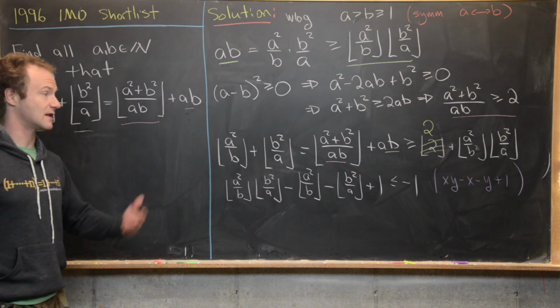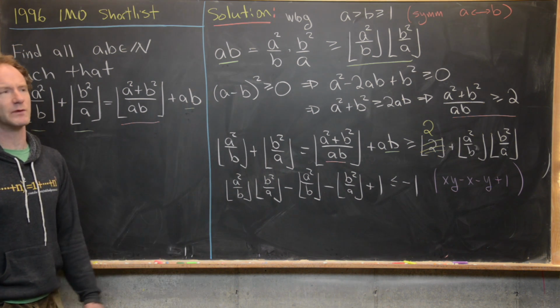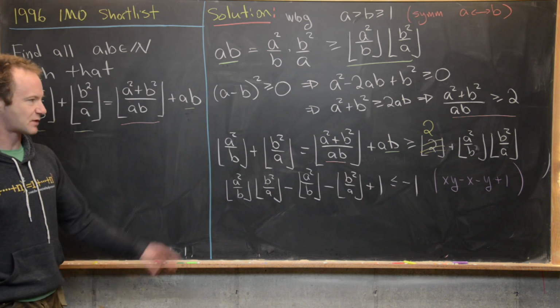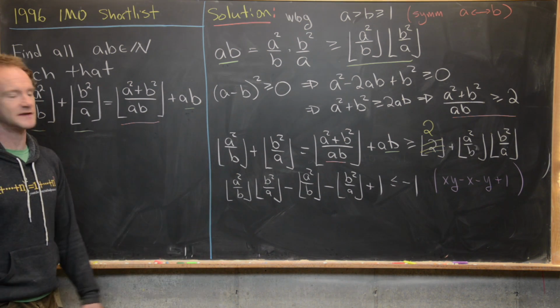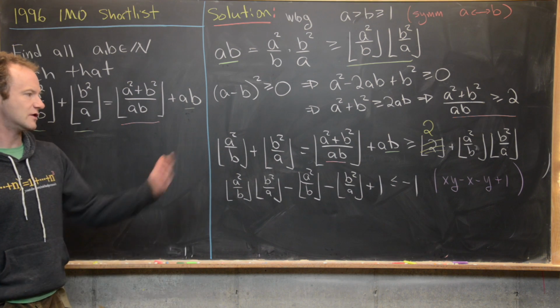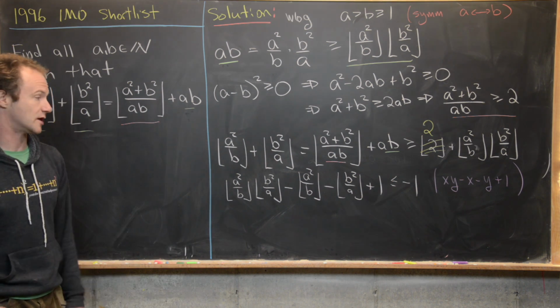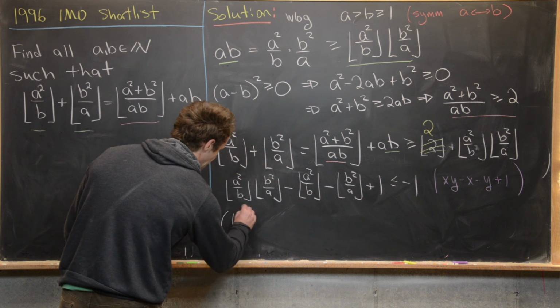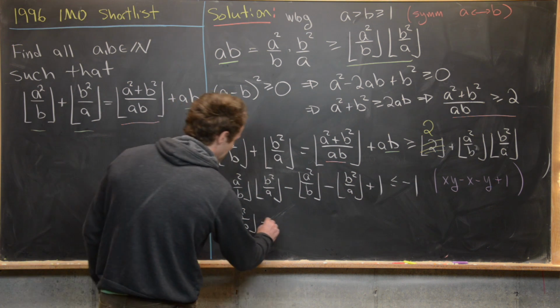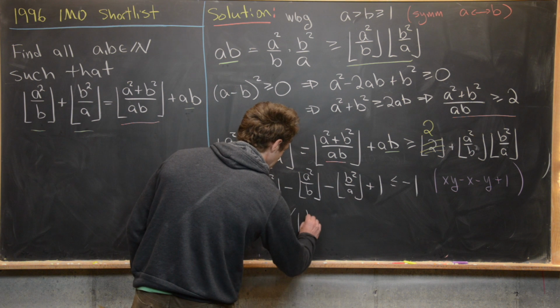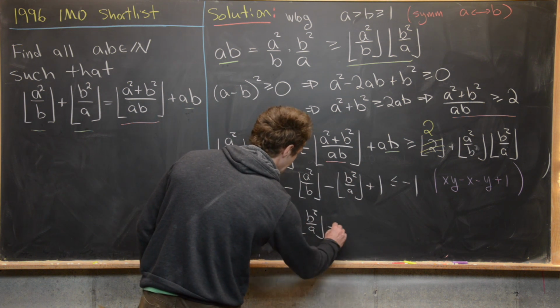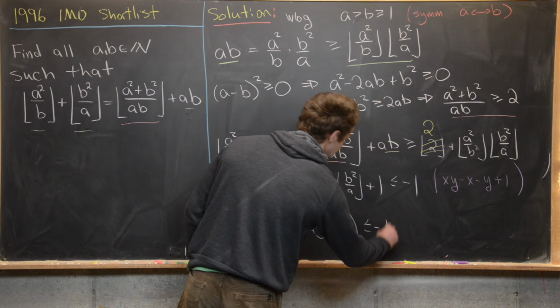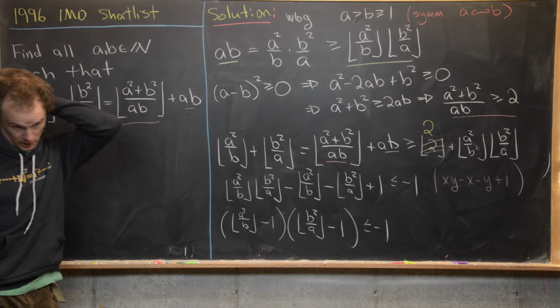And I have to admit, yeah, I knew how to factor that before I did all of these contest problems. But since making all these contest problem videos, I've noticed that this factorization shows up all the time. Okay, so anyway, we're gonna get the floor of a squared over b minus 1 times the floor of b squared over a minus 1 is going to be less than or equal to -1.